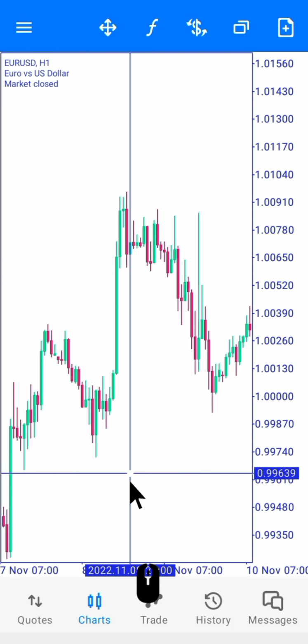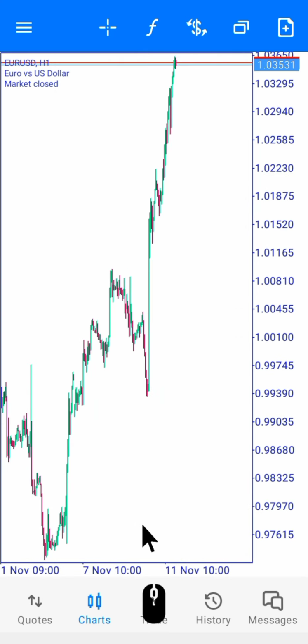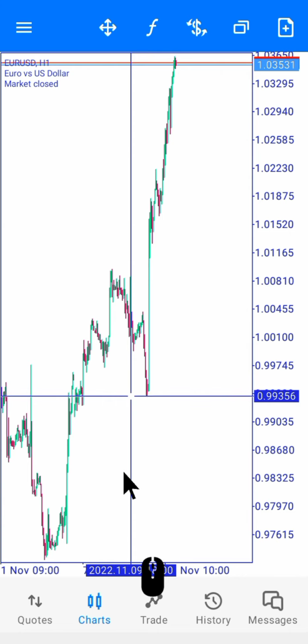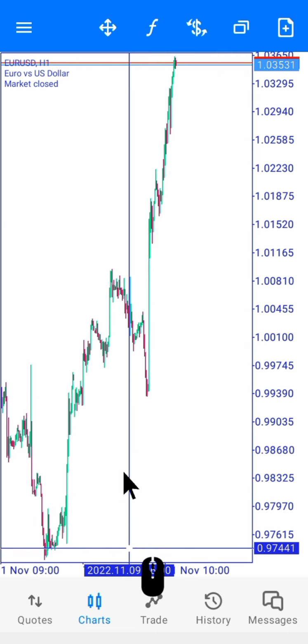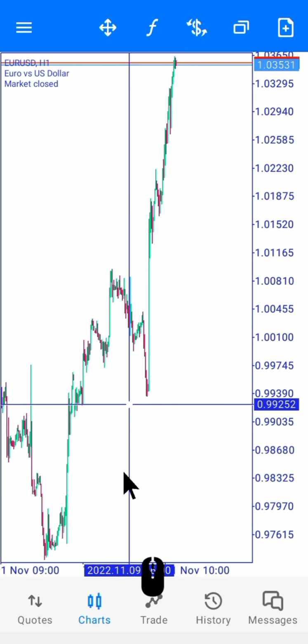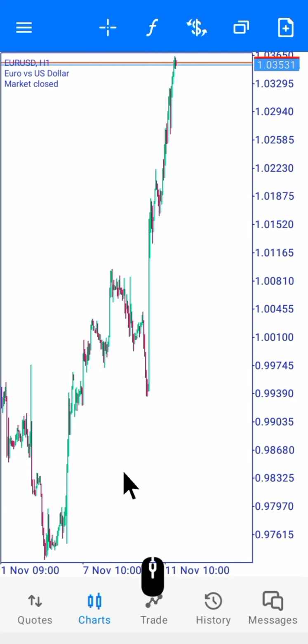Respect that stop loss and let it hit, because after breaking here, it will keep on selling. You can find it selling up to this point. It can touch this point and again touch this point and again touch this point. Now if you remove your stop loss, trading with an open stop loss, you are going to find your account going. So always respect stop loss.